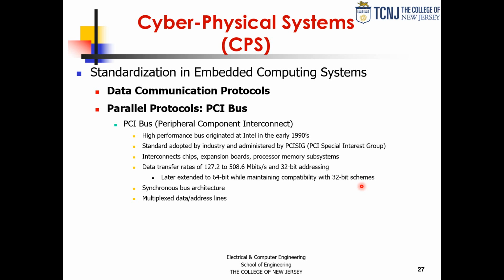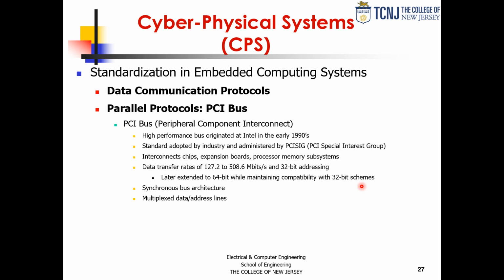So this started connecting many things, with pretty good bandwidth, 127 to 500 megabits per second, and it had an address space of 32 bits, which was expanded to 64 later on.